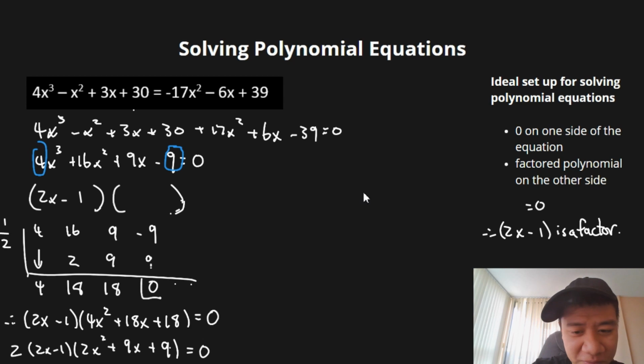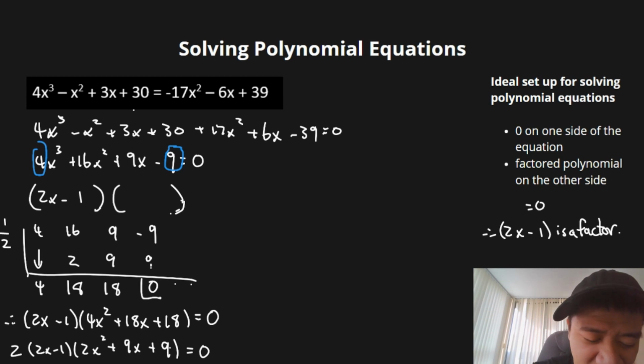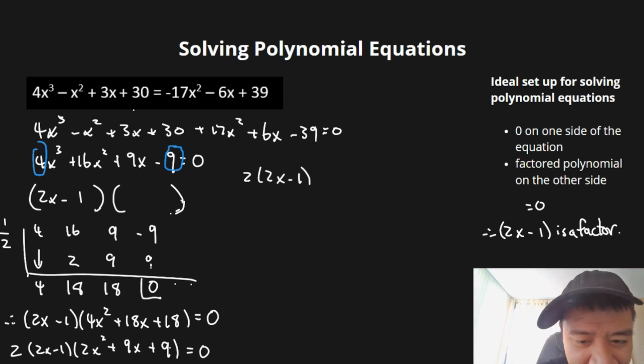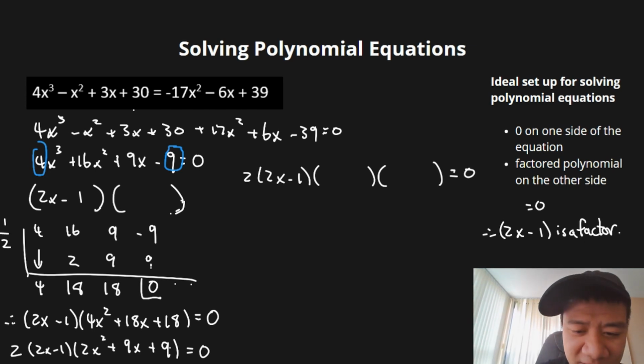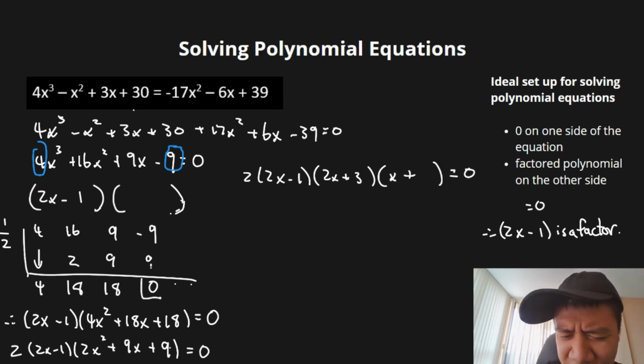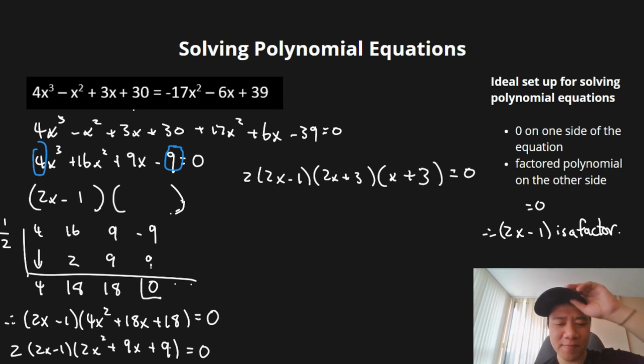That way we have more room to continue solving this. So all we need to do is factor this quadratic now. And you can use crisscross or sum and product. So actually in my head we're going to get 2x minus 1. Okay, these brackets, these guys would be 2x plus 3 and x plus 3.